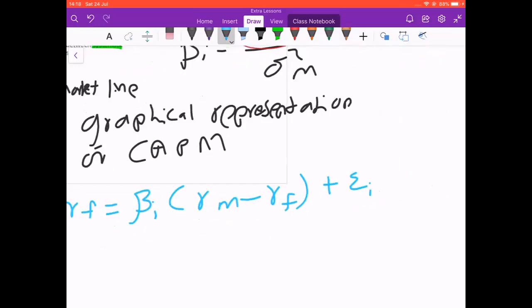Sometimes they refer to the error as random noise. So if you meet a term called random noise, just know that they refer to the error.